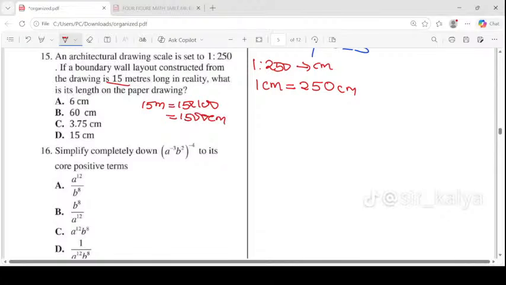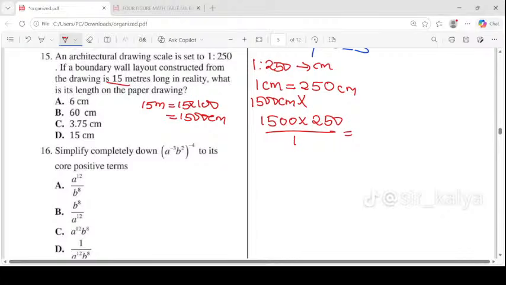So if 1 centimeter is equal to 250 centimeters on the actual ground, what about 1,500 centimeters on a map? You cross multiply. This will become 1,500 multiplied by 250, then you divide by 1. Have I done it the right way?